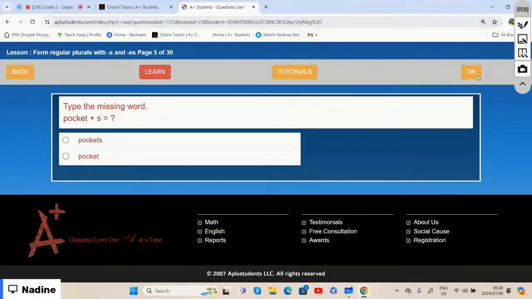And then pocket, one pocket. So pocket plus S. Is it pockets, option one, or pocket, option two?